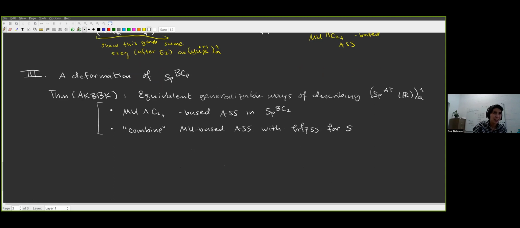We have a catchy name for this. So the non-catchy version is modified Adams-Novikov spectral sequence, and it has a catchy acronym, the MANS.